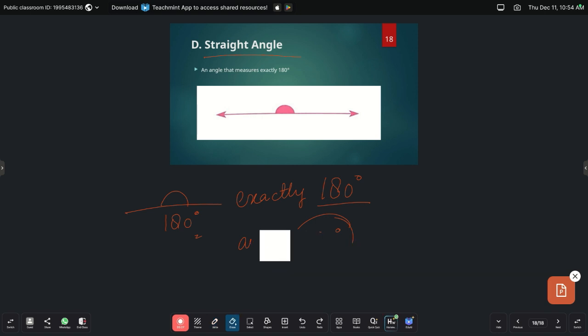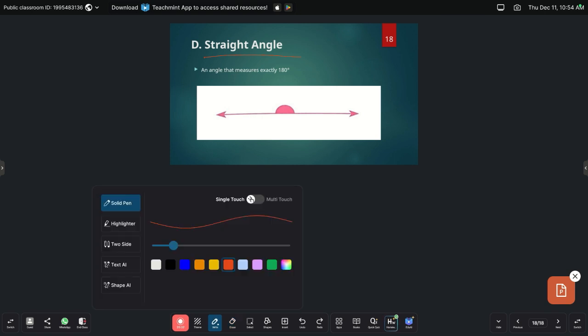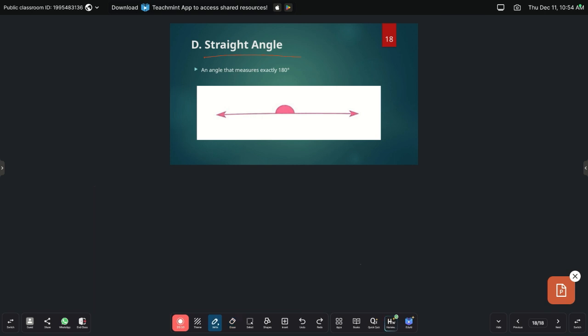Again, angle that is exactly 90, it's right angle. Angle that is exactly 180, that is straight angle.